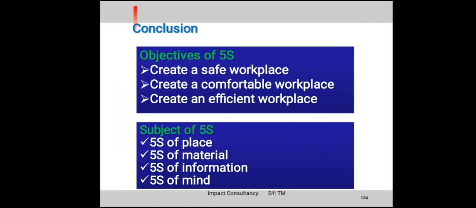Conclusion. Objectives of 5S: create a safe workplace, create a comfortable workplace, create an efficient workplace. And subject of 5S: 5S of place, 5S of material, 5S of information, and 5S of mind. This is a very important core idea of 5S.